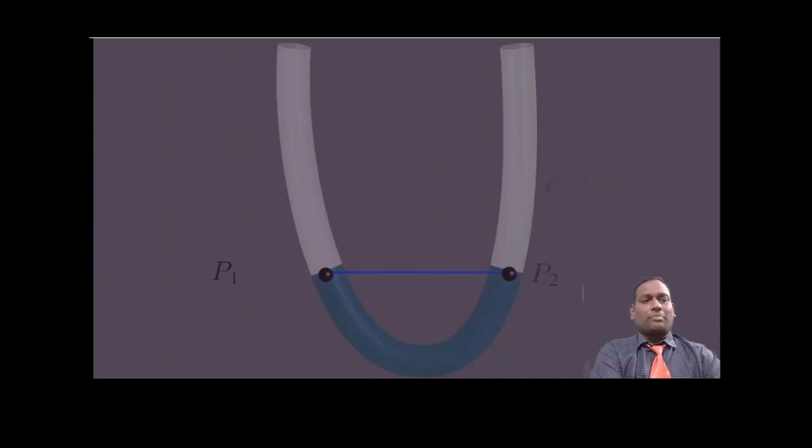Consider a U-shaped tube filled with a blue liquid. We are all surrounded by atmospheric pressure on all sides. Let us find the pressure on the top layers of the fluid, indicated by two black dots. The pressure will be the same and equal to atmospheric pressure.